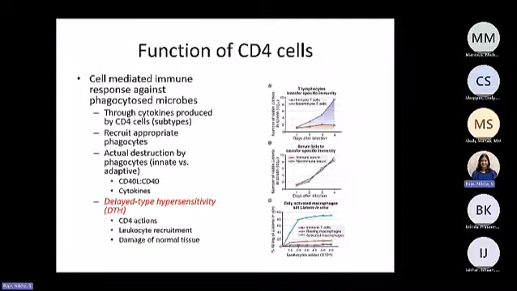So this is just an experiment that shows how this function of CD4 cells was explained. It's the cell-mediated immune response against phagocytosed microbes, that is, with macrophages, how that comes into effect.